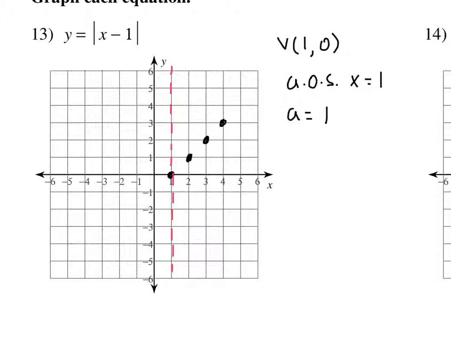We can keep going. Each one of those points needs to be mirrored to the other side. And then we just graph this with some nice straight lines on either side. And there we go. We're done. Any questions on 13?